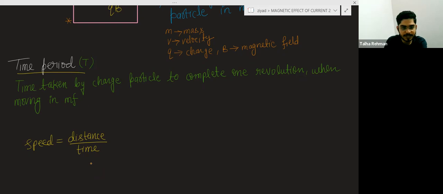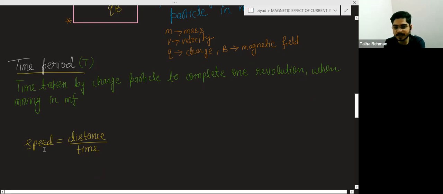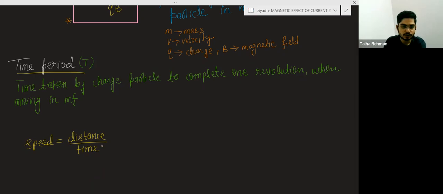We already know that the speed of the particle equals the distance covered by the particle divided by the time taken to complete that distance. The speed of the charged particle is v.